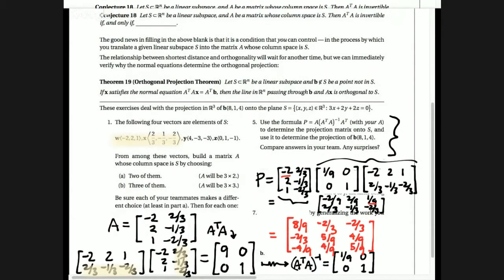Yeah, so Brian raises the objection that my matrix isn't symmetric. That's what's causing me the problem as well. I'm a little concerned that my projection matrix isn't symmetric.